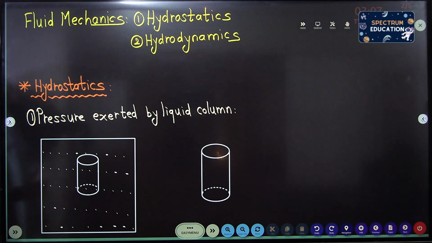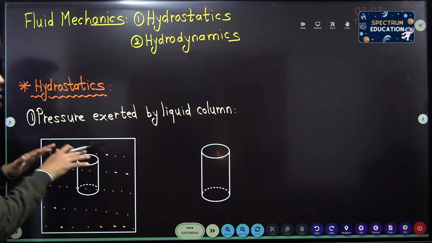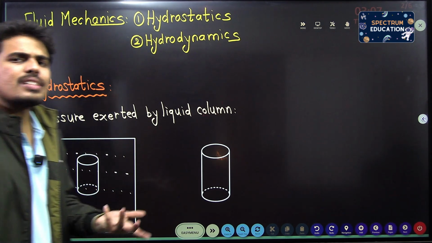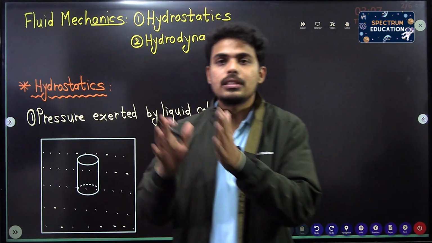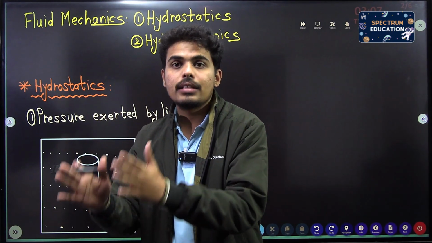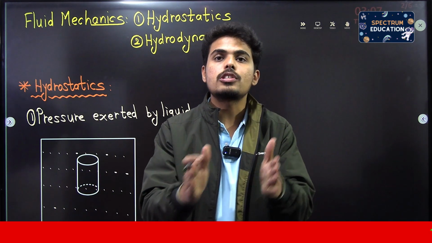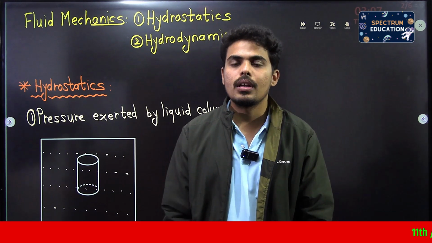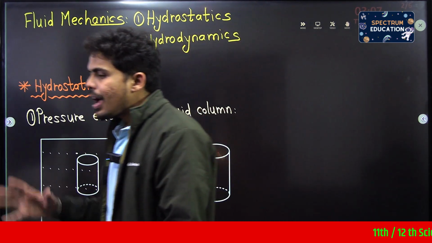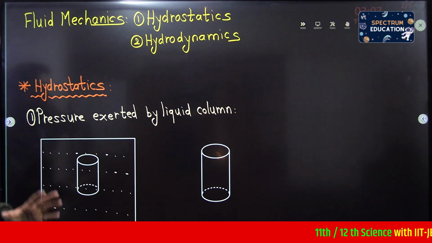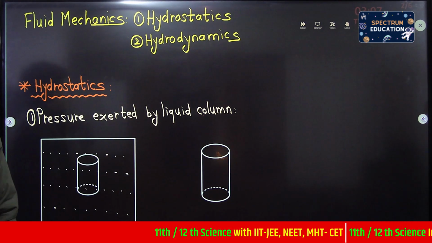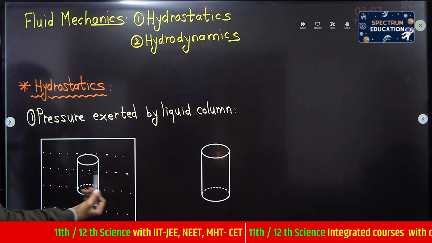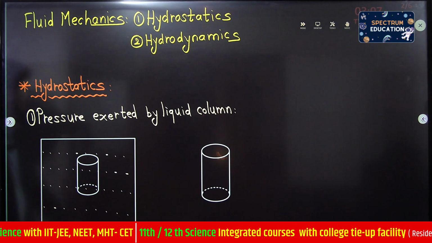In hydrostatics, consider some container and take some fluid in it. Consider any liquid in that container. We know that the container is at rest and that's why our fluid is also at rest. Now if I have to find the pressure exerted by some liquid column, imagine some liquid column in that fluid.